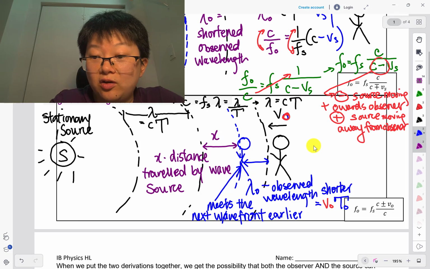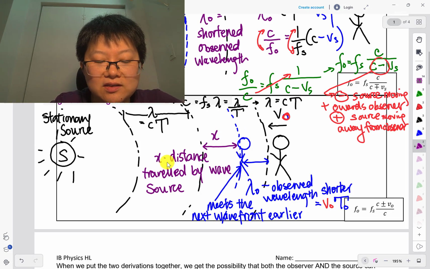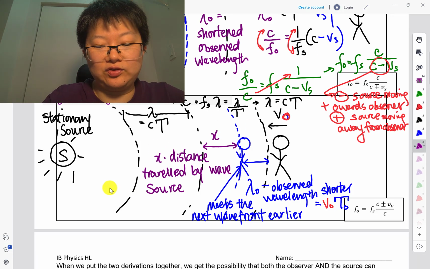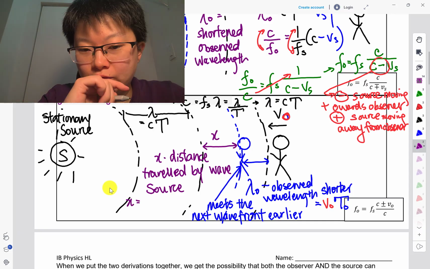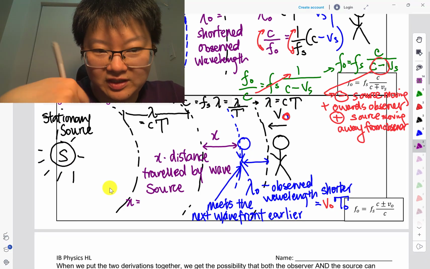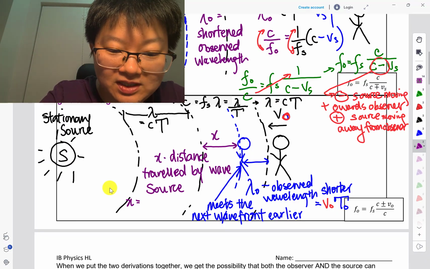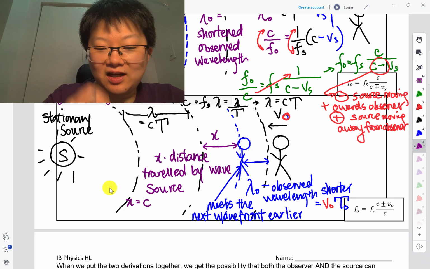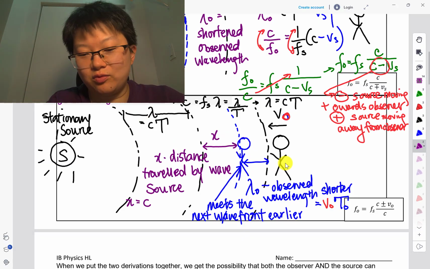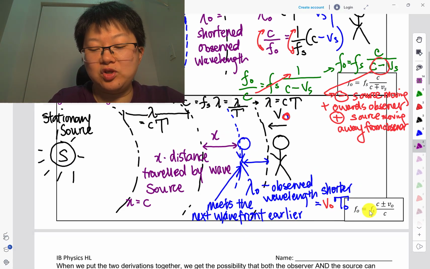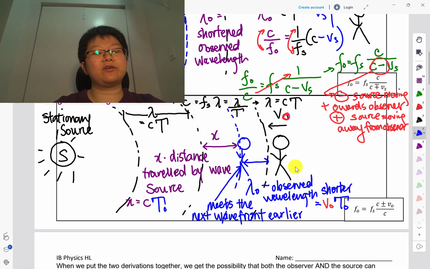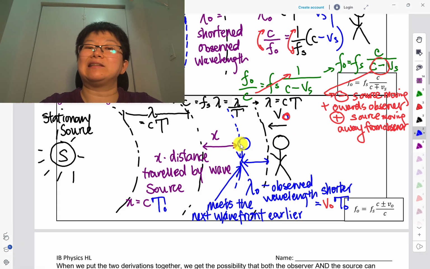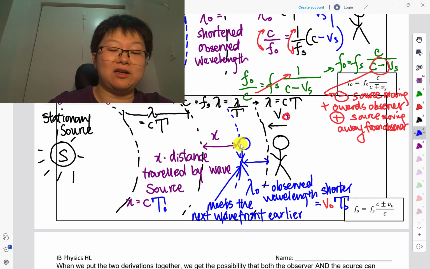So we can then also write this distance traveled by the wave of the source to be the speed of the wave in the medium, c, times the time it took to get here, which is this newly observed period. And really, that's just the time it took for this observer to hit the next wavefront because they're moving.